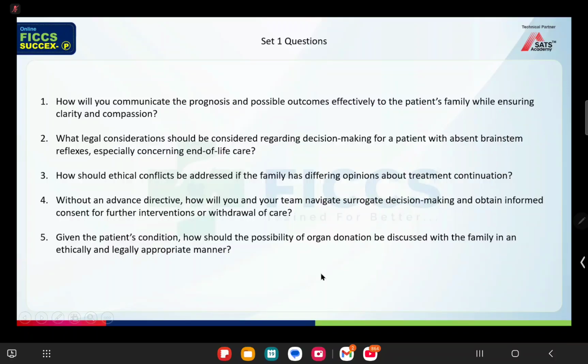Related to SPIKES, you said something about SPIKES, no? What does S stand for? What does P stand for? Any idea? Yes, ma'am. S is for setting. Choosing an appropriate place and position so that we can talk to relatives, a comfortable environment.